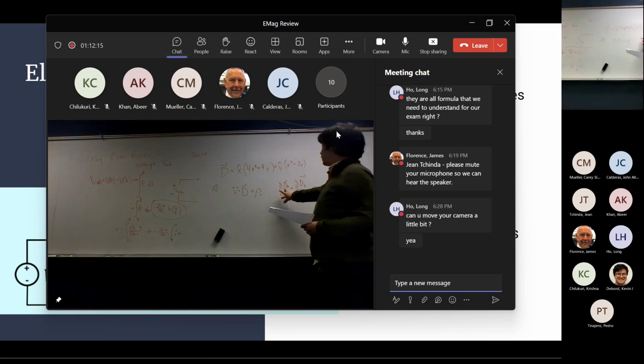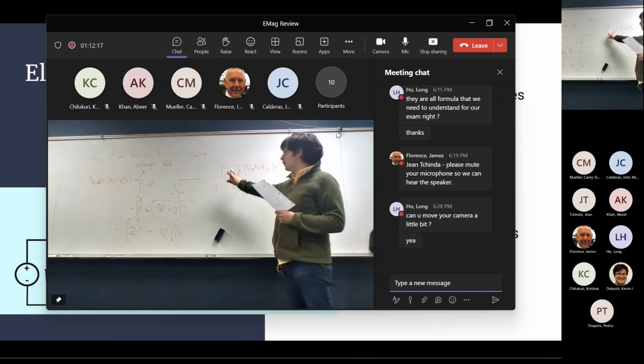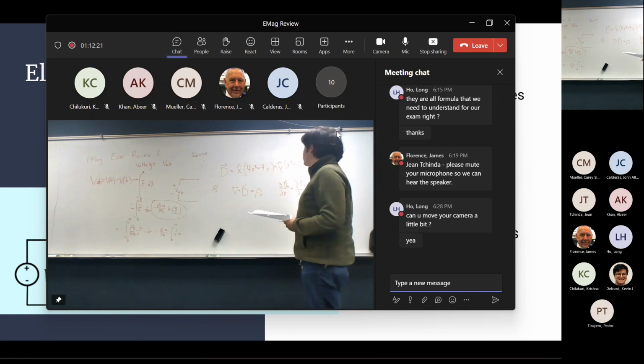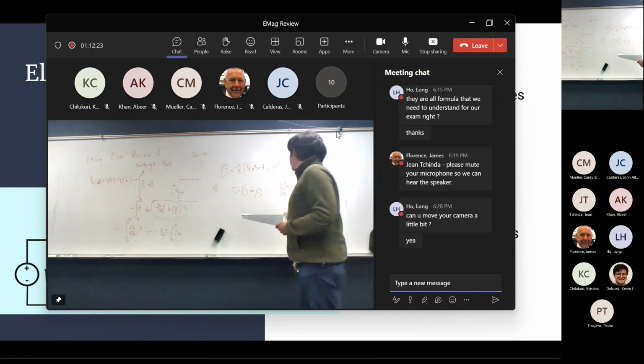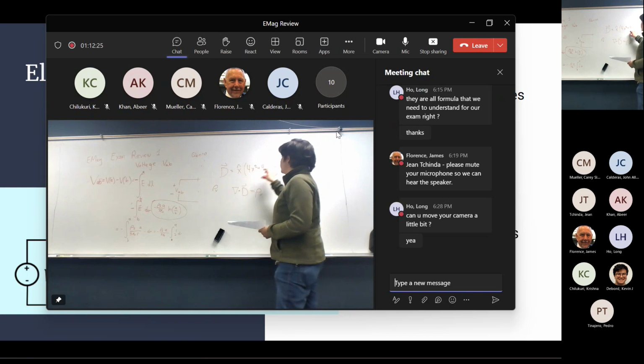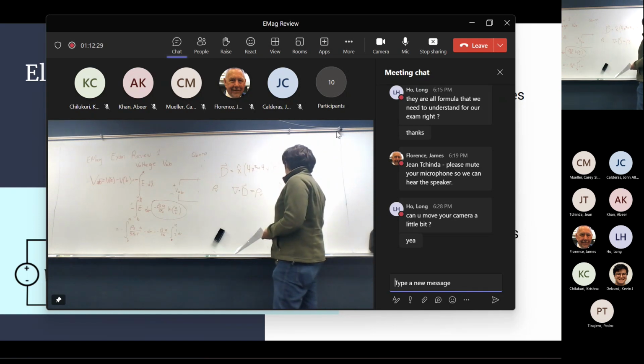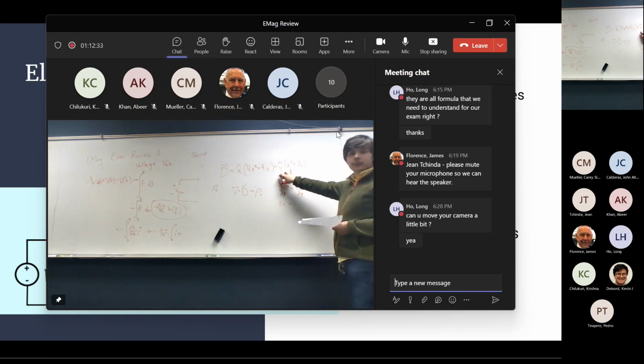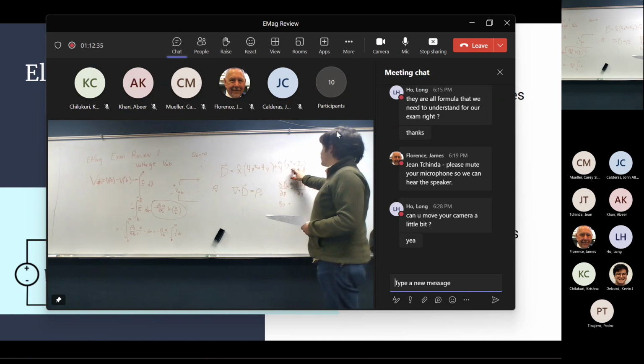Let's look at the x component of D. The x component is just going to be 4x squared plus 4y. We differentiate that with respect to x. The 4y has nothing to do with x, and 4x squared gives you 8x. Plus, now we look at the y component, 1 half x squared minus 2y.